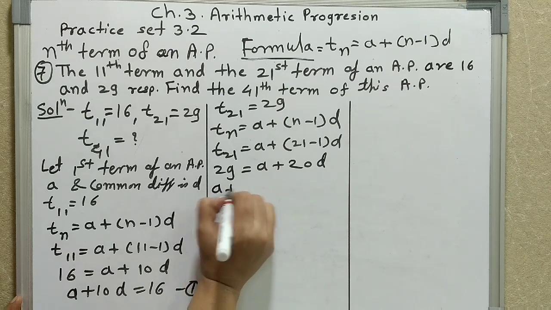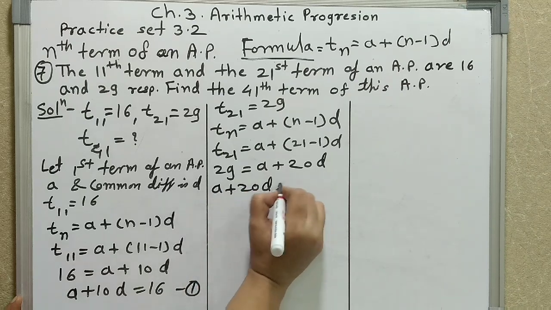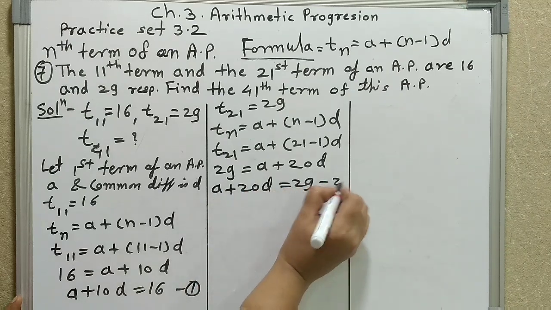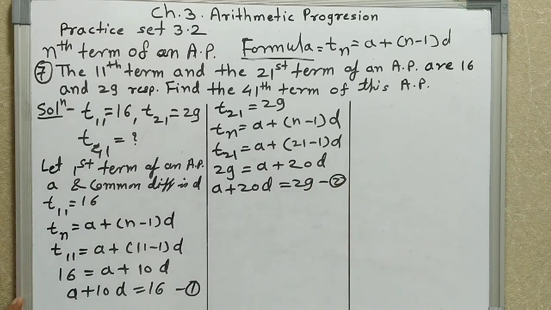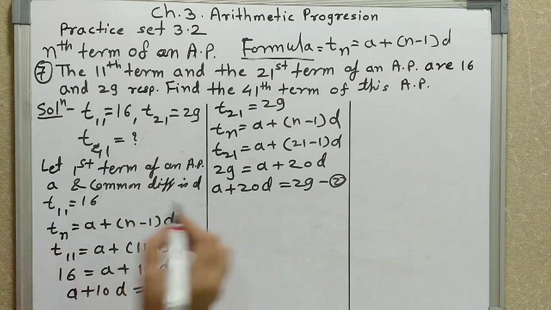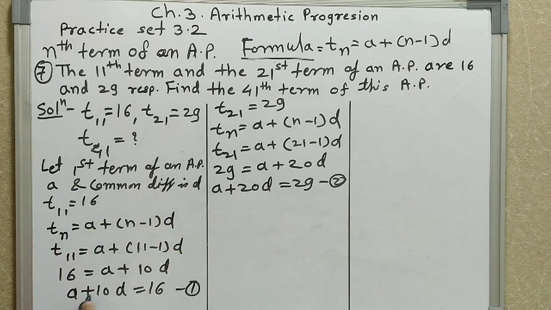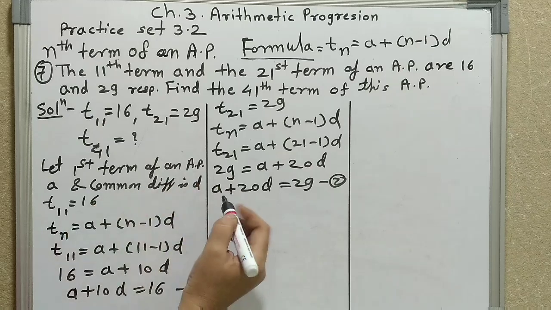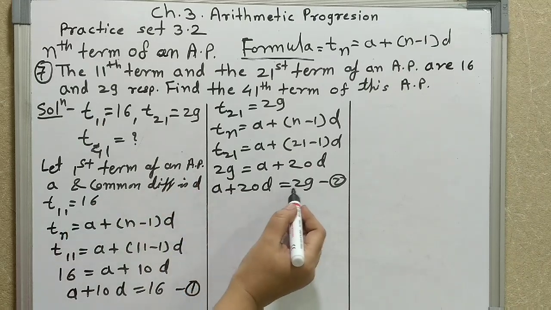Change the side: A plus 20D is equal to 29. This is our second equation. Now we find the values of A and D using the elimination method. See the first and second equations. This is the first equation: A plus 10D is equal to 16, and A plus 20D is equal to 29.